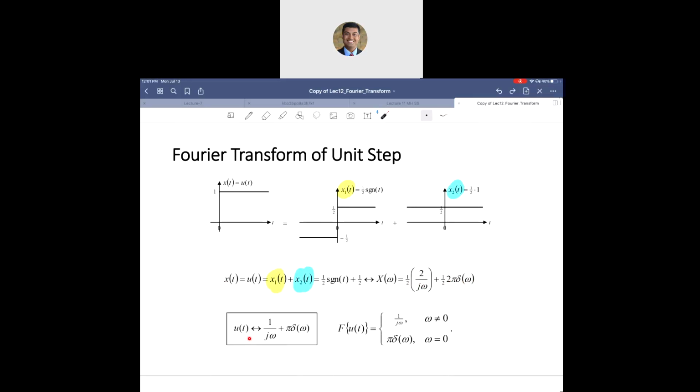Simplify this, and you get the Fourier transform of the unit step, which is 1 divided by j omega plus pi times delta of omega. In the bracket notation, we can write that as the Fourier transform of the unit step equals 1 divided by j omega when omega is not equal to 0, and it equals pi delta omega when omega equals 0.